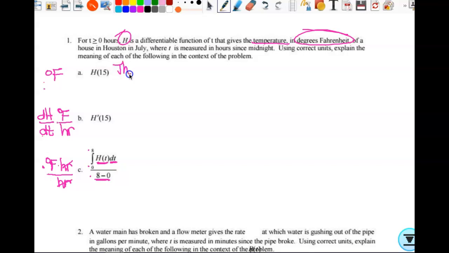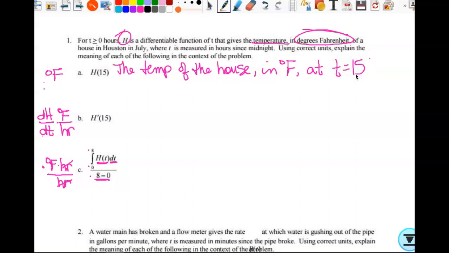But this is the temperature of the house in degrees Fahrenheit at t equals 15, what? Hours? Could you also give a time there? Yeah, 3 p.m., which is fine. But you know what? 15 hours is fine too, so you don't do some weird time thing. Okay. We got that?